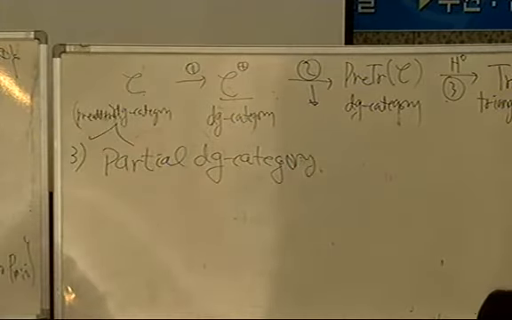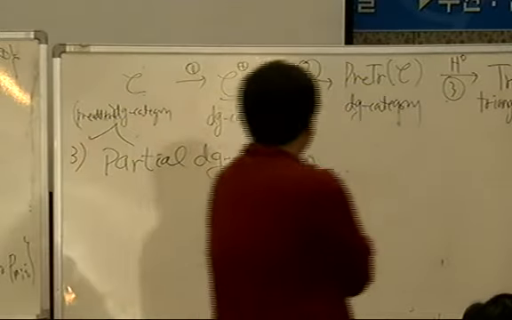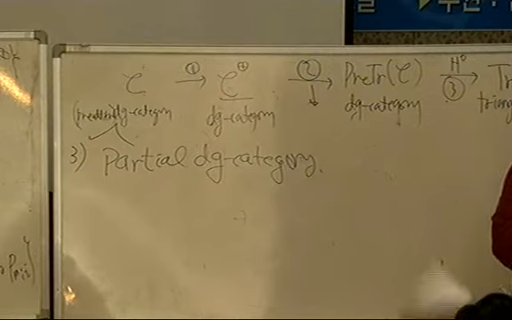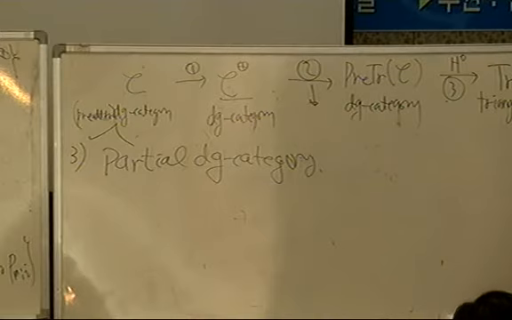So a partial DG category is not actually a category. It's almost a DG category, but it is lacking some properties, such as that we cannot compose elements very well. If composable, it is associative, and we have a Leibniz rule.